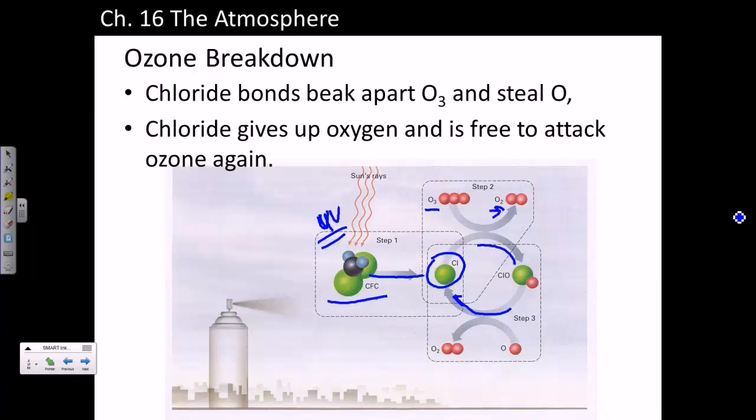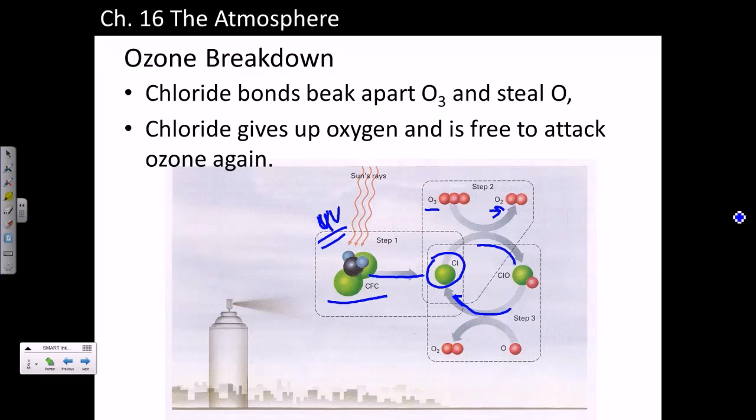And the issue is that the Cl resides in the Earth's atmosphere for a long time, so it can come down and then it can dump off its oxygen and sort of lose it in the lower atmosphere, making O2. That's fine, but then it goes back up into, let's say, the stratosphere, picks up or interacts with another O3, picks up another oxygen, and so it just cycles around.